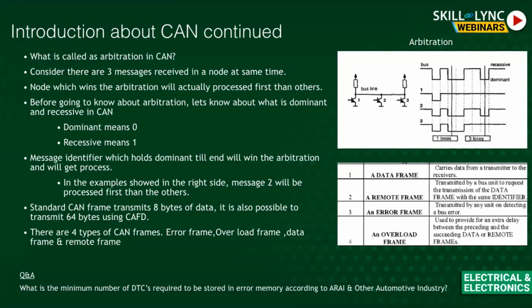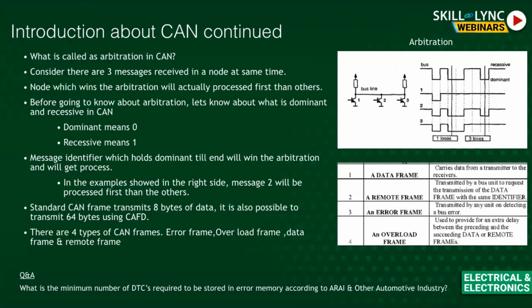In CAN we also have an algorithm with passive error and active error. When it reaches a 255 error count, the bus has to stop the communication. It will never allow you to send any messages on the bus if it reaches a 255 error count.